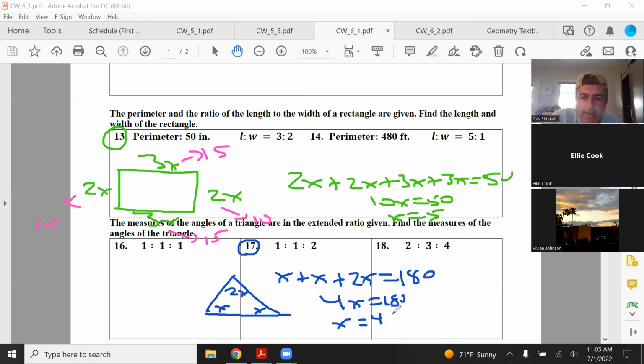X will be 45. So the triangle would actually look more like this. One angle would be 90, and the other angles would be 45, 45. So, questions about 13 or 17?